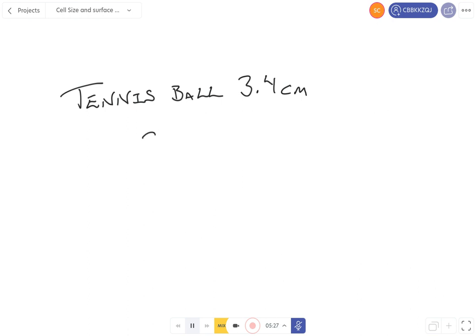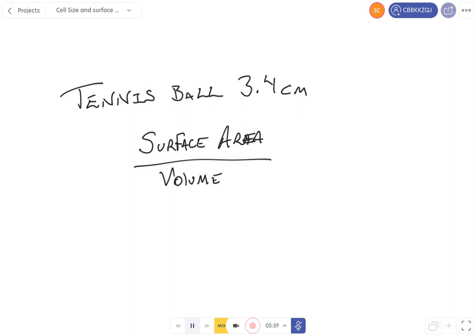Now that we have both of these, we are trying to find the ratio of surface area to volume. Now, when you look at a cell, the surface area is the cell membrane.